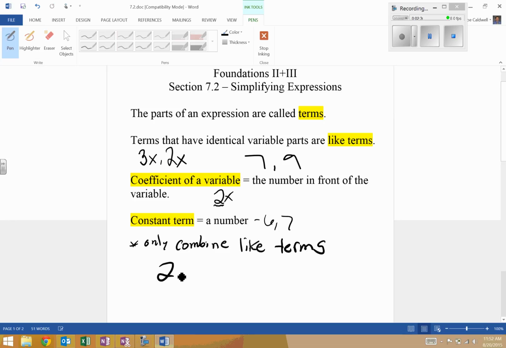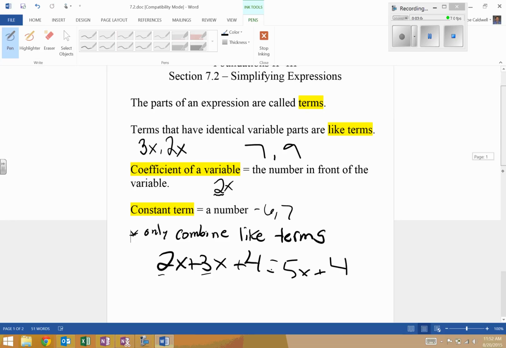If you have 2x plus 3x plus 4, which of these are like terms, which are not? Well, 4 has no variables. 2x and 3x both have an x variable, so we can combine them by adding the coefficients and getting 5x plus 4, and that's as simplified as we can get. Okay, only combine like terms.